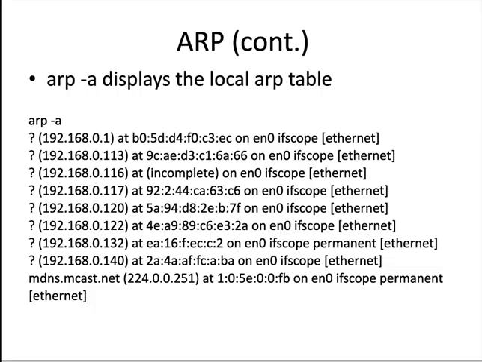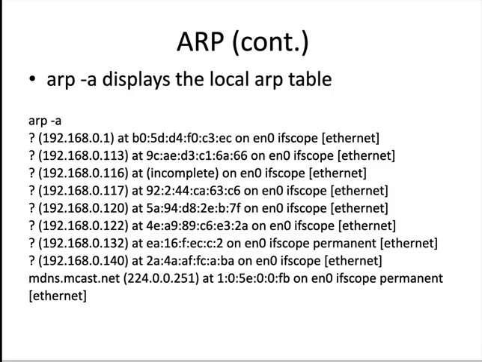Now what happens is we do an ARP request, which is basically the machine going, hey, who on the network has this IP address? And somebody will respond back and say, I have that address, or I know how to talk to that device, so here's my MAC address.